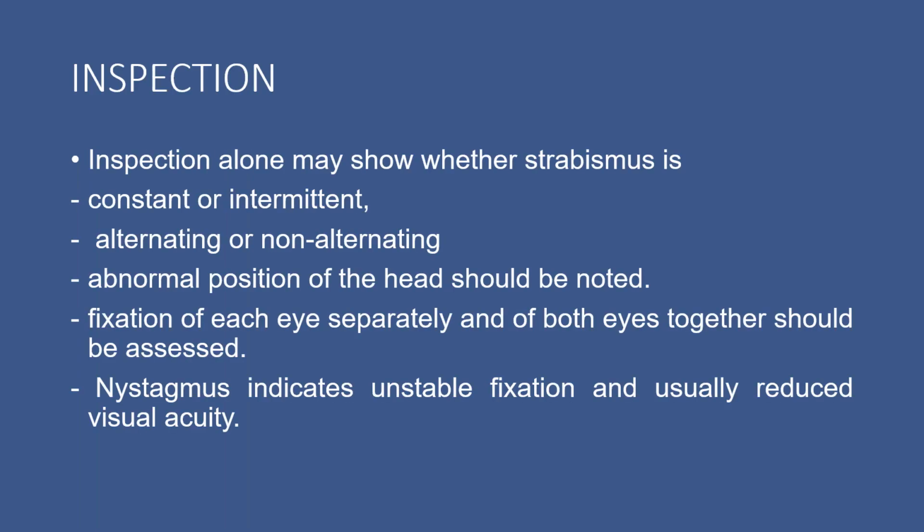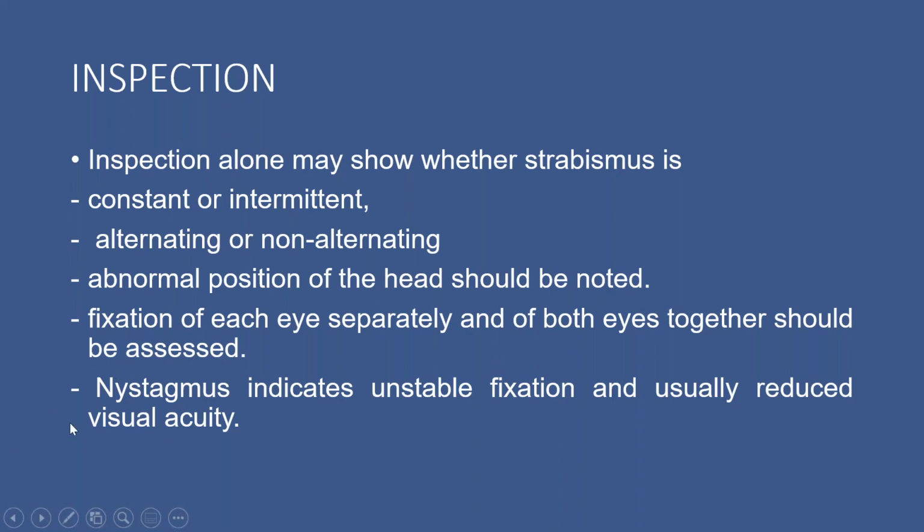So, beginning with squint per se, when you're just inspecting the patient, you will come to know a lot of features of the squint: whether it's constant or intermittent, alternating or non-alternating, whether any anomalous head position is present. And then you check for fixation of both the eyes separately and together, and visualize whether it's maintaining the fixation or not, or if there is any obvious nystagmus that is present.